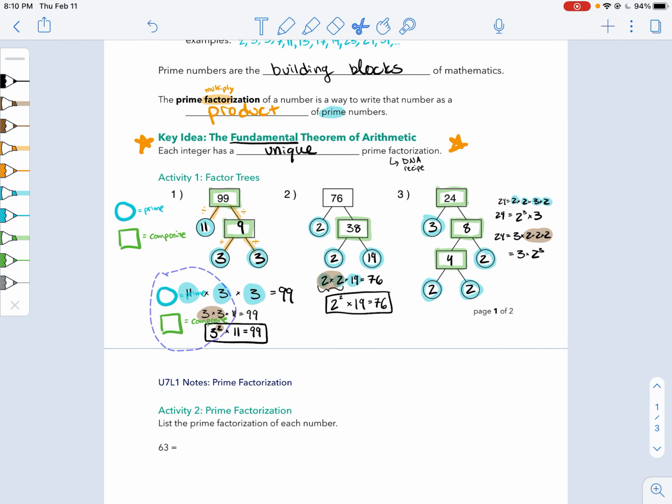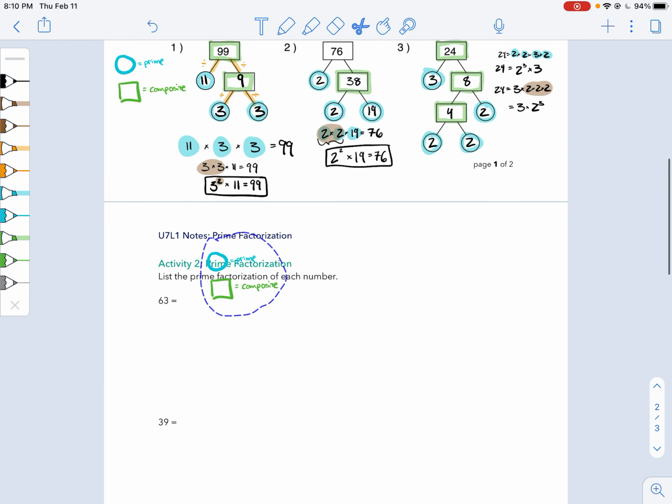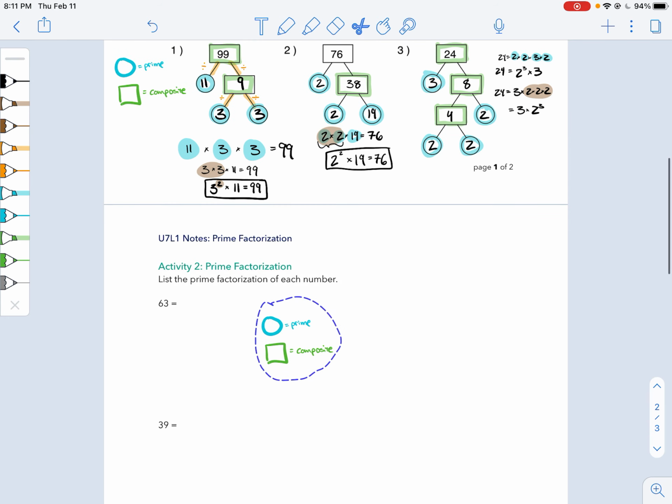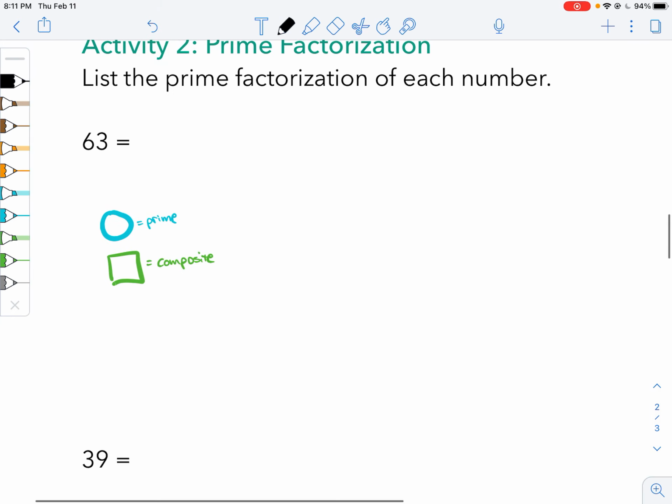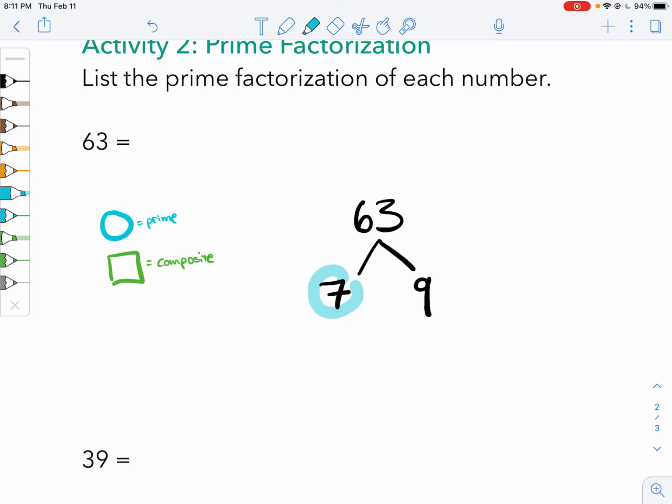Okay, so here we go. Take your factor tree idea, and you'll want to draw factor trees in order to find a prime factorization. So we start out with 63. And we think, can 63 be broken up into anything? Well, yeah, I immediately see that 63 is 7 times 9. It's not the only way to break it up, but that's the way I went. 7 we can't break up, but 9 we can. 9 can be broken up into 3 times 3. 3 cannot be broken up.